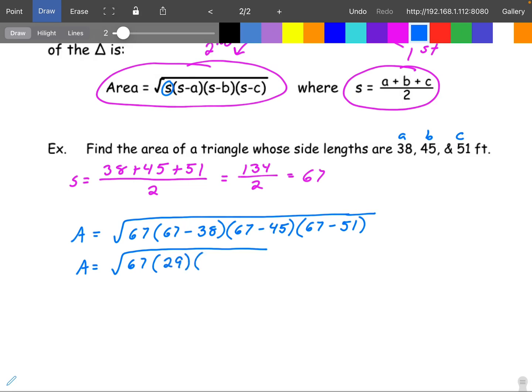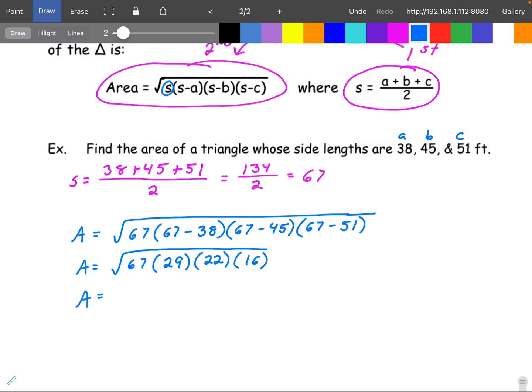And then in the second parentheses, 67 minus 45 is going to be 22. And then in the third parentheses, 67 minus 51 is going to be 16. Now we can multiply that all together and then take the square root of it.